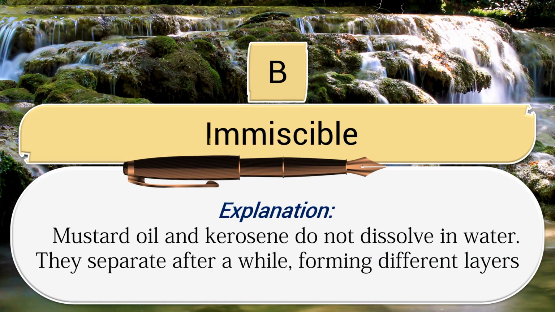The answer is immiscible. Mustard oil and kerosene do not dissolve in water. They separate after a while, forming different layers.